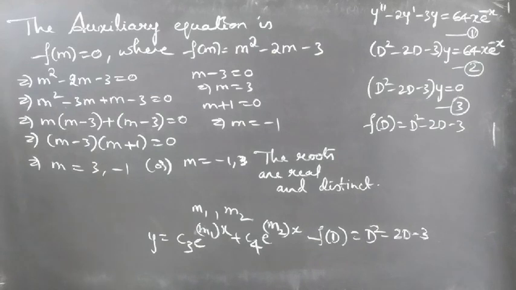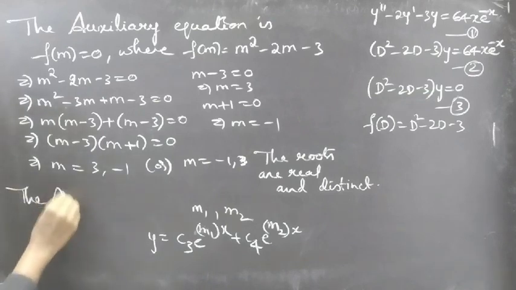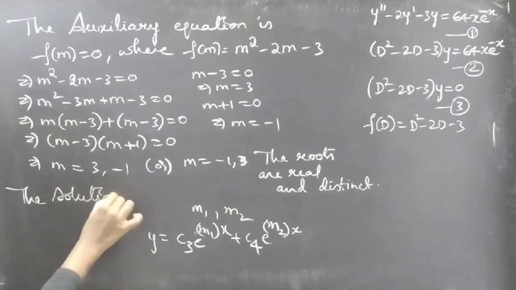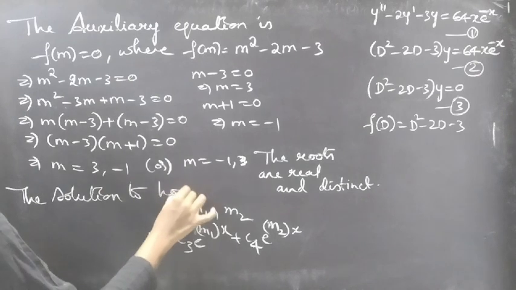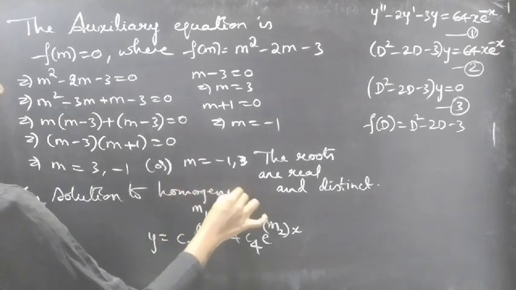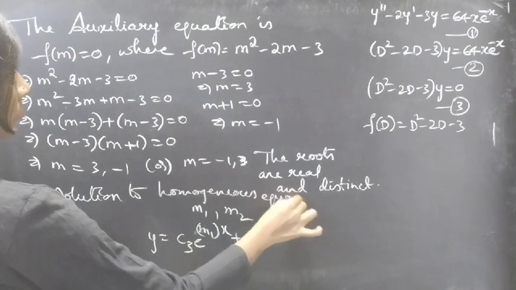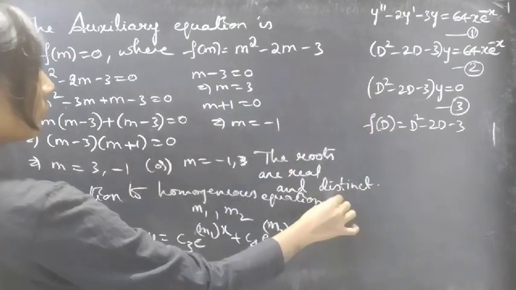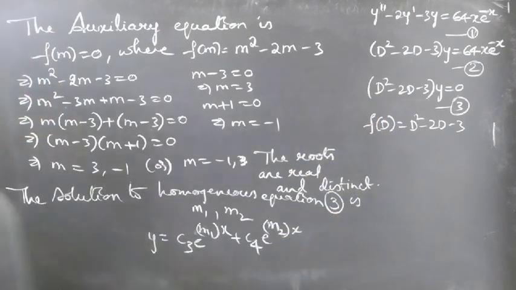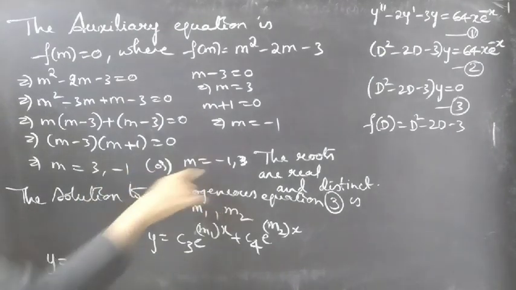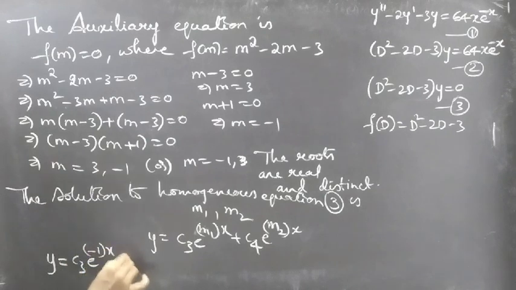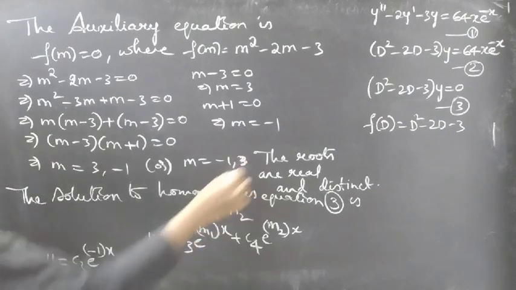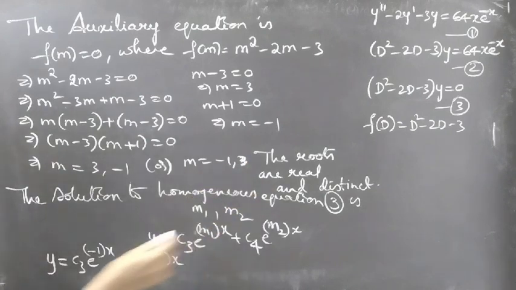Now coming to the solution to our homogeneous equation. The solution to the homogeneous equation, equation 3, is y equal to C3 e power minus 1 into x plus C4 e power 3 into x.